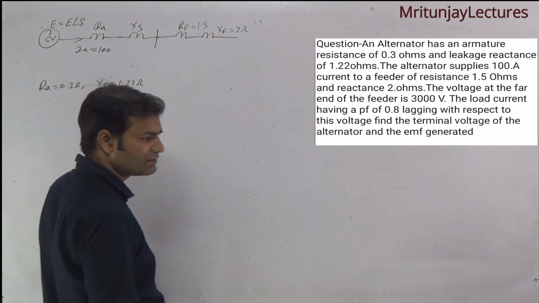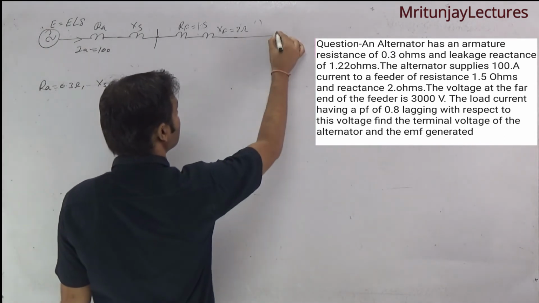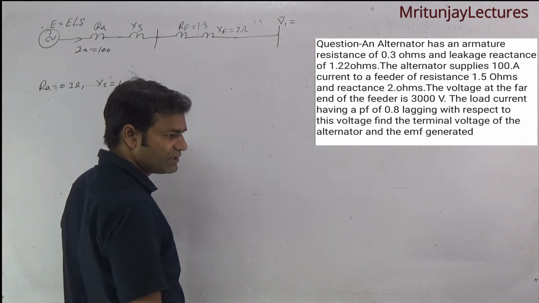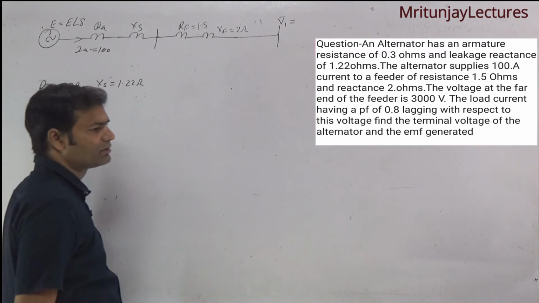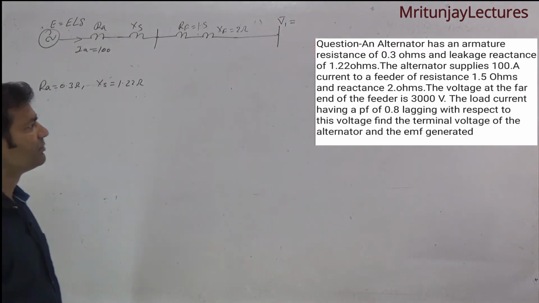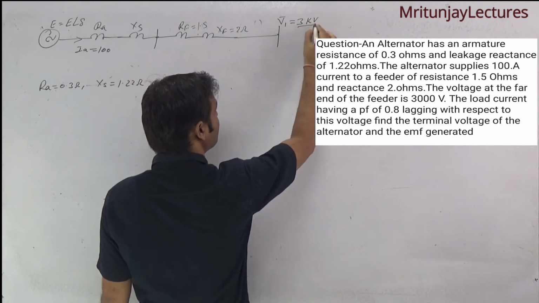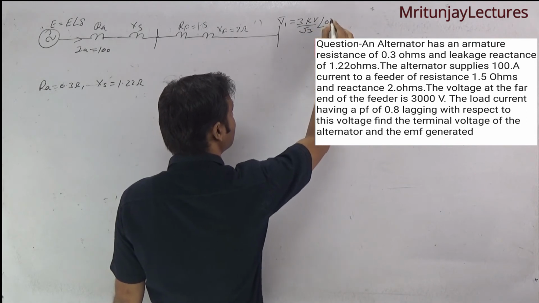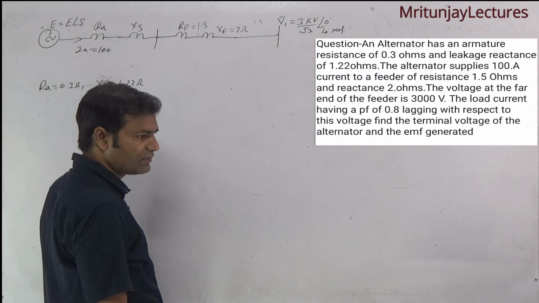The voltage at the far end of the feeder, V1, is given as 3000 volt, means 3 kV. Per phase that is 3 kV by root 3 at the angle 0. Take it as reference.